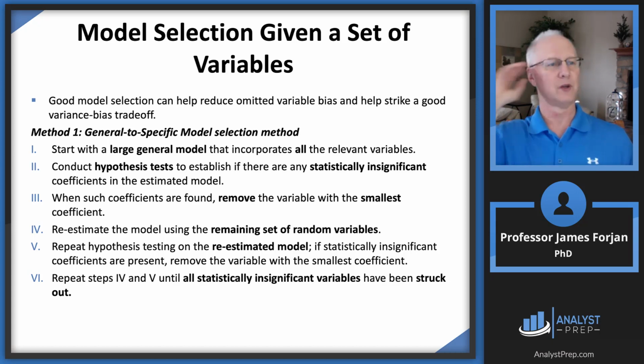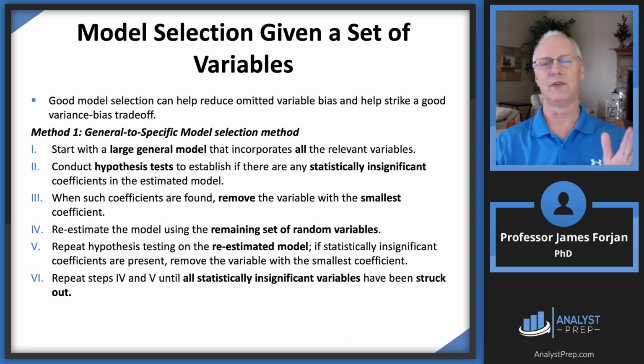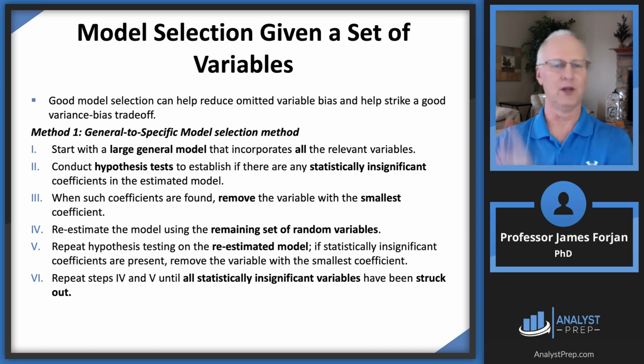So let's just take an extreme example. Let's suppose you have 20 of these variables over on the right-hand side of the equal sign, and then we run the regression analysis and see how many of them are statistically insignificant. And then we remove those insignificant variables and then rerun the model using the remaining set. And then you reduce and you reduce and you reduce until all of the statistically insignificant variables have been eliminated.